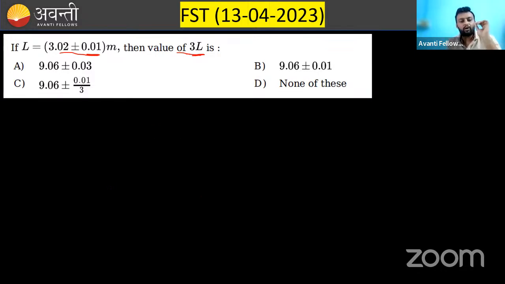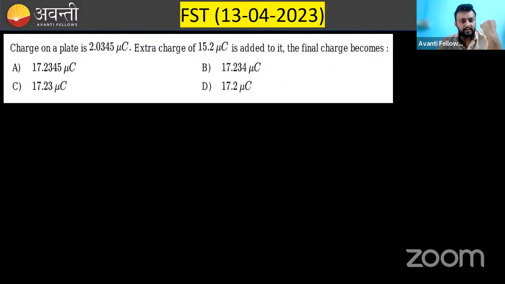The errors also add. So if you add 3L, then it will become 9.06 plus minus error is 0.01. So if you add it three times, it will become 0.03. This is a very simple question, nothing to do with that. So option A is correct.